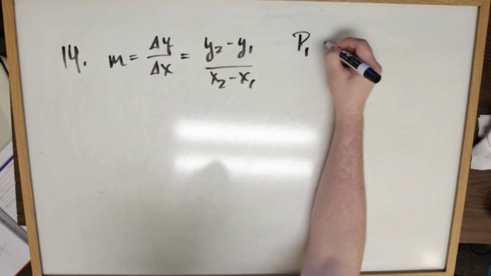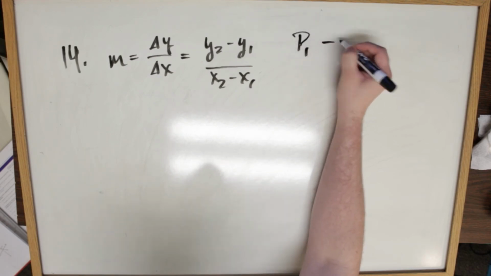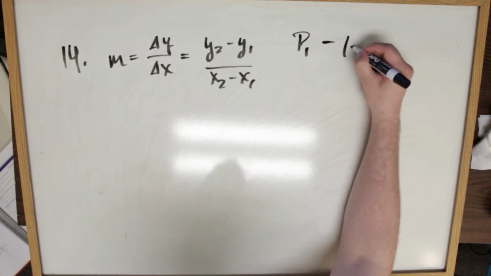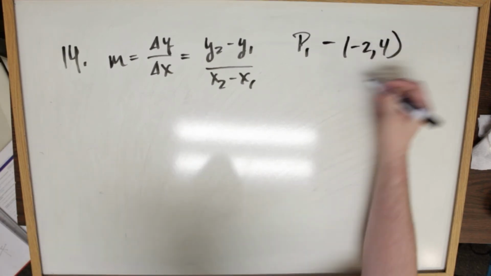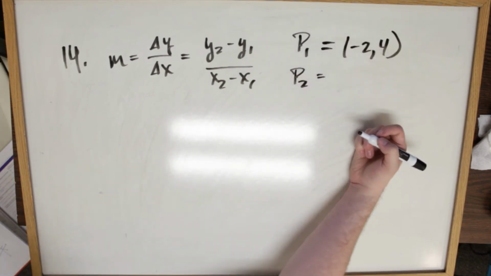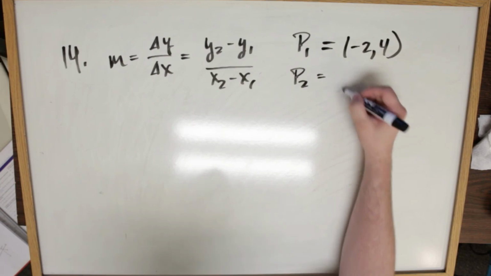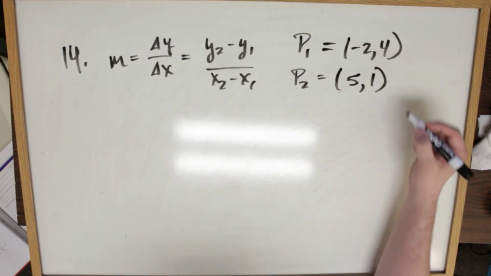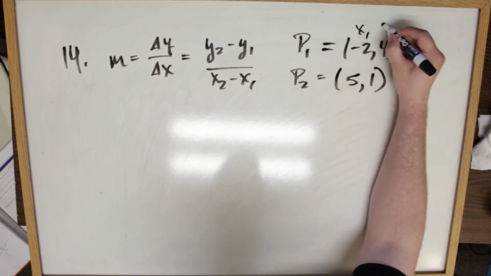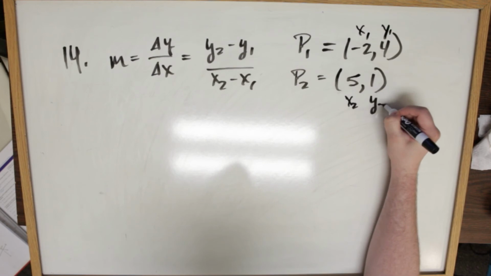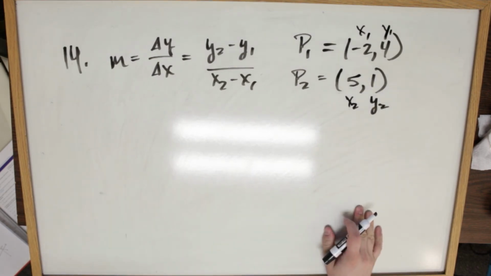So the points that we're given here, let's just go ahead and write them up here. So point 1 is going to be, question 14, minus 2, 4. And point 2 is equal to 5, 1. Okay? So I'm going to just say x1, y1, x2, y2. Right there, those are the values.